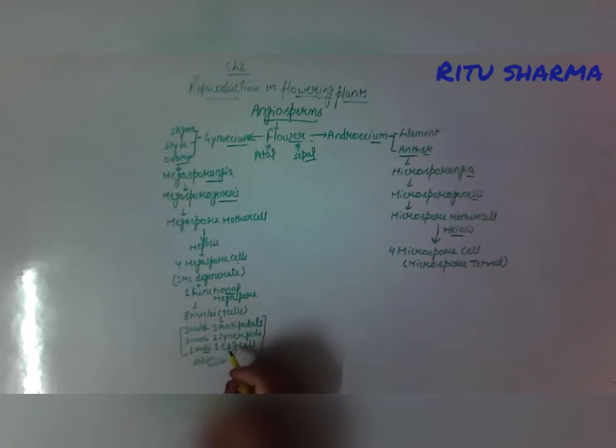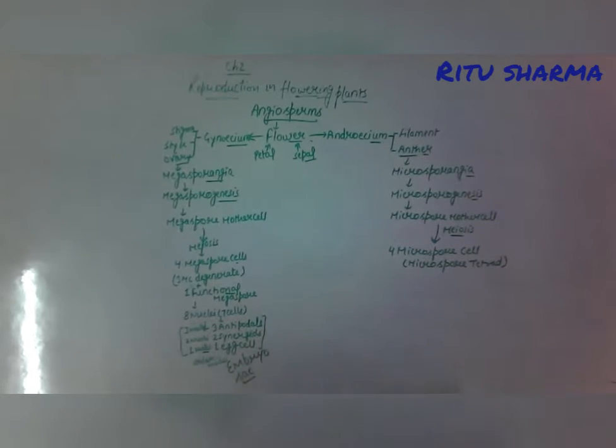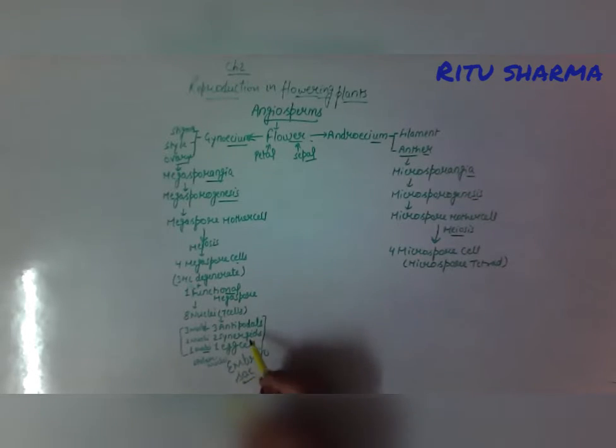This complete structure is known as the embryo sac. One embryo sac consists of 2 polar nuclei with 3 antipodals, 2 synergids, and 1 egg cell. This 1 egg cell is the female gamete.